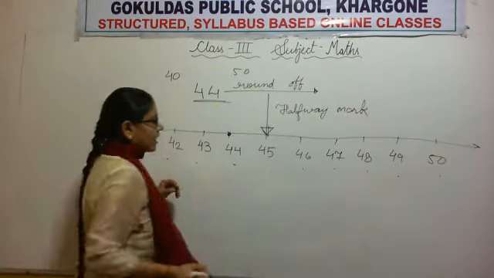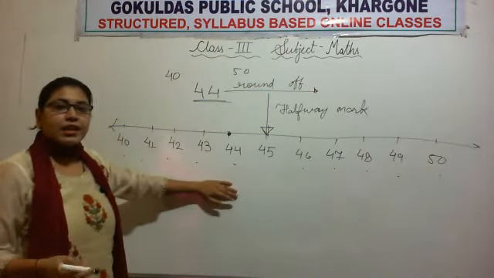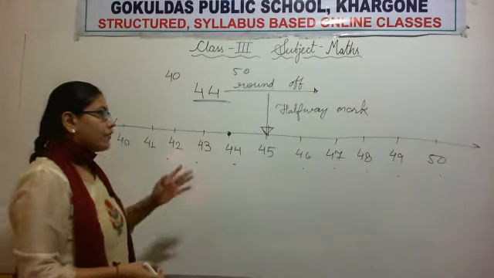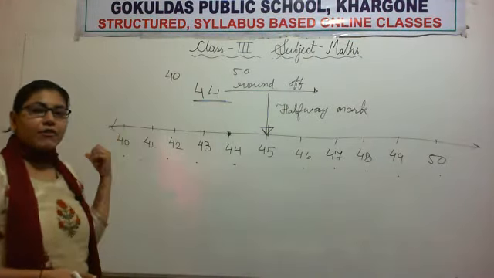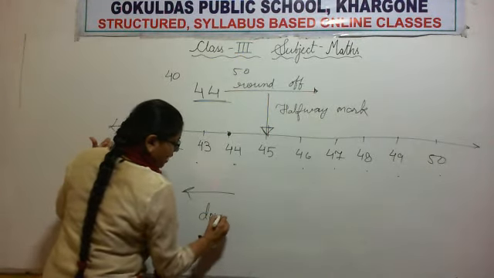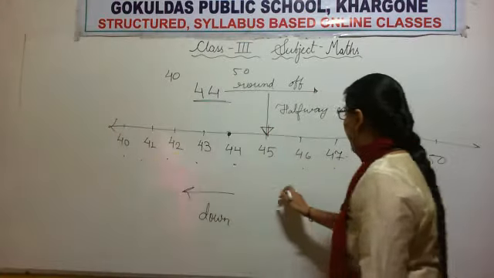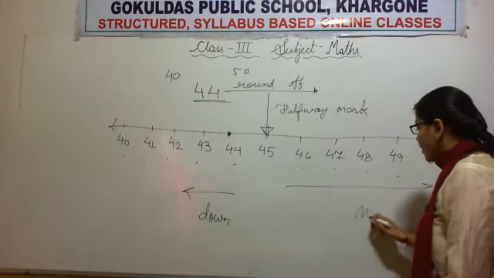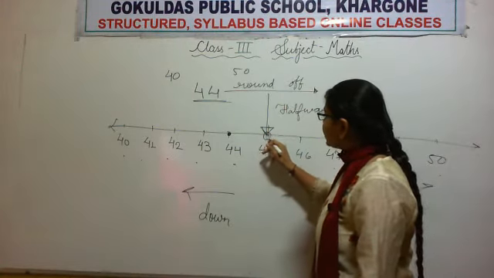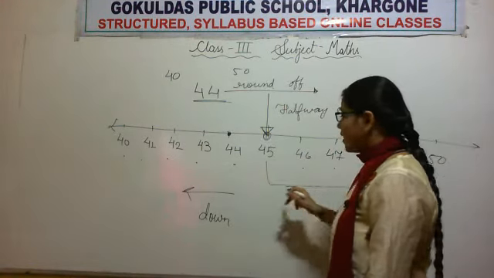Now we will see where our number lies, right of the halfway mark or left of the halfway mark. If our number is left of the halfway mark, then we will round down. If our number is right of the halfway mark, then we will round up. Or if our number is the halfway mark itself, then also we will round up.